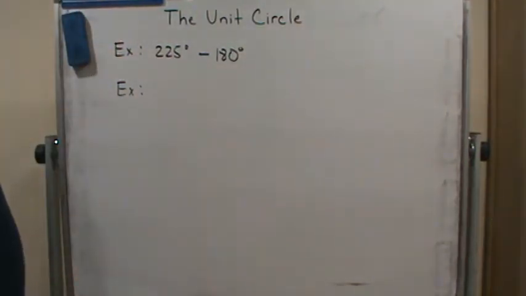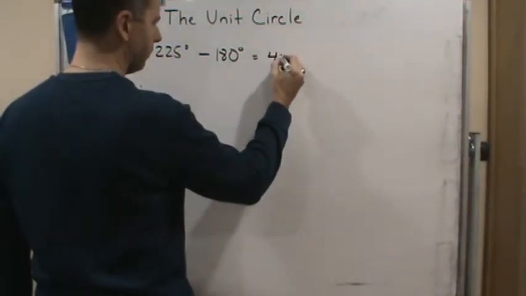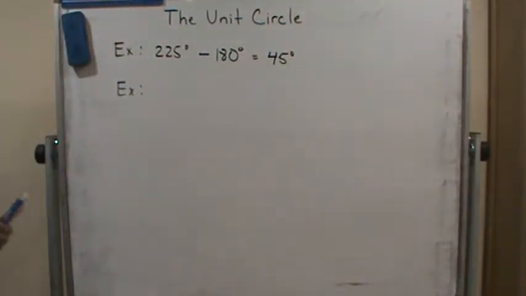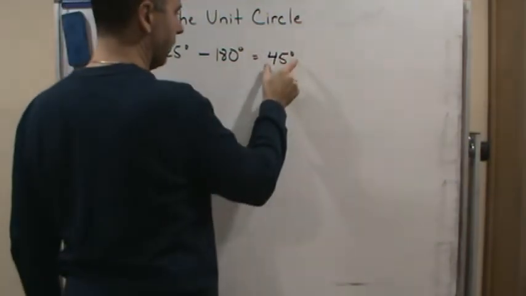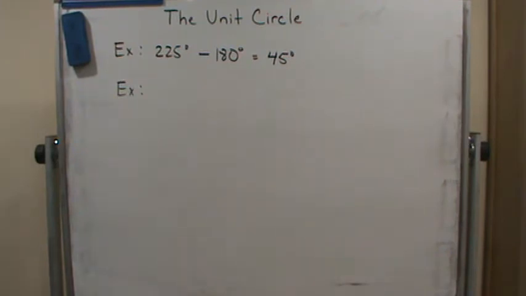If we subtract off 180 degrees, this gives us 45 degrees. 45 degrees is our reference angle. So that means this is what we're going to use as our reference angle. Now, the next example, let's take this one step further.